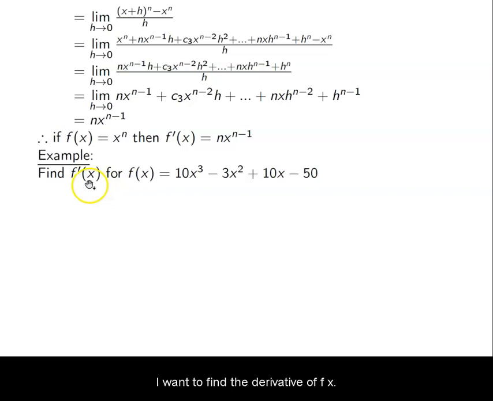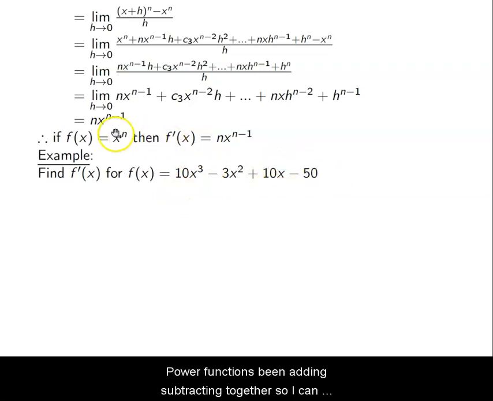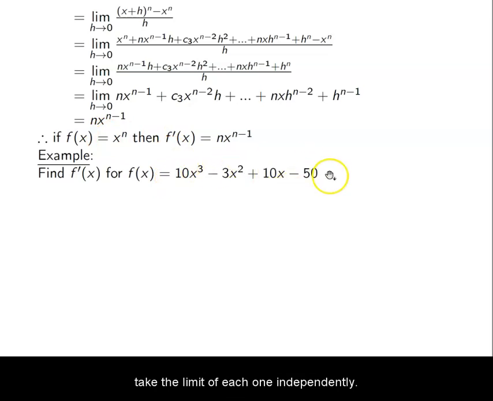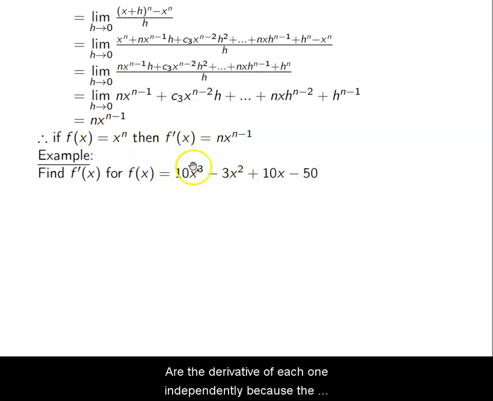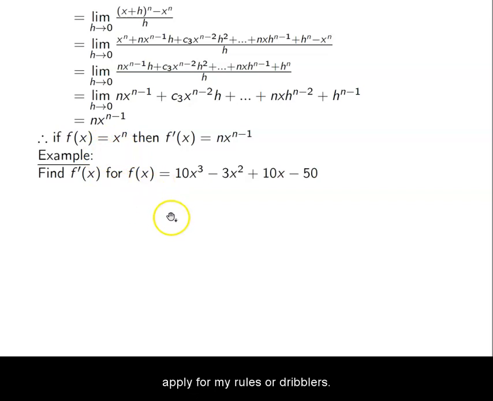I want to find the derivative of f of x equals 10x cubed minus 3x squared plus 10x minus 50. This is several power functions being added and subtracted together. So I can take the derivative of each one independently, because the derivative is just a limit. So all the rules I had for limits apply for my rules for derivatives.